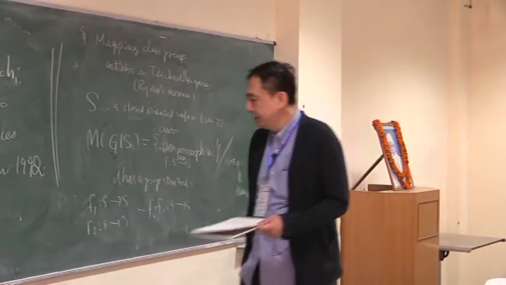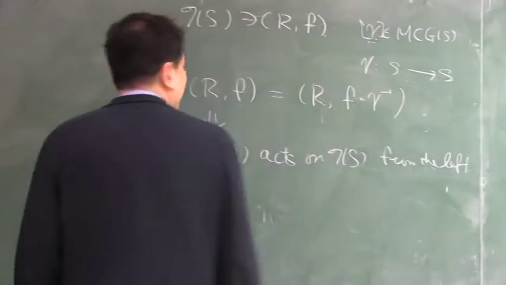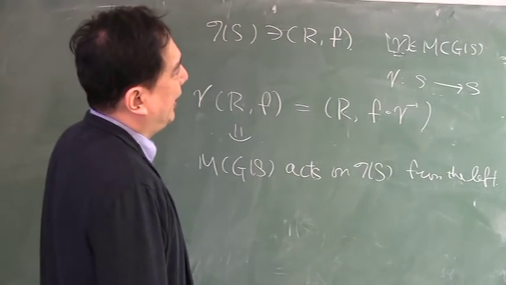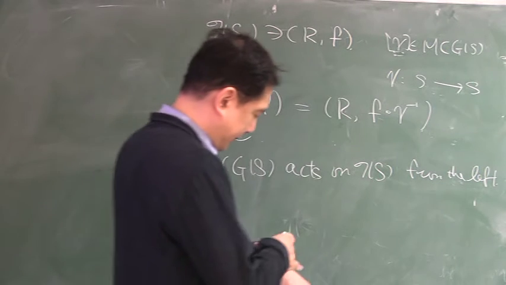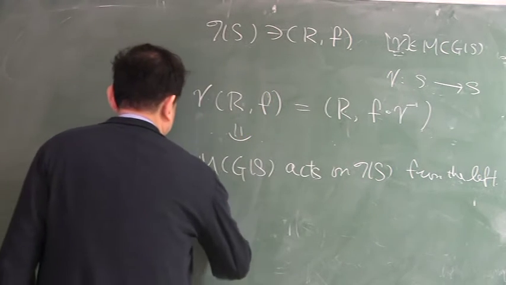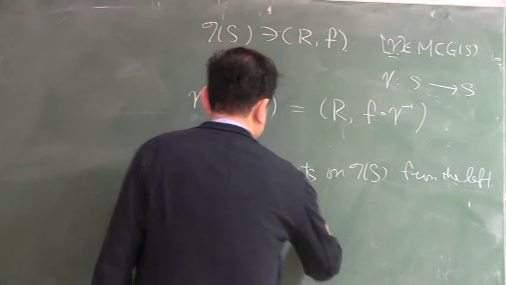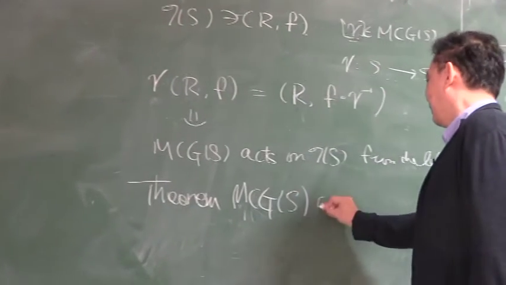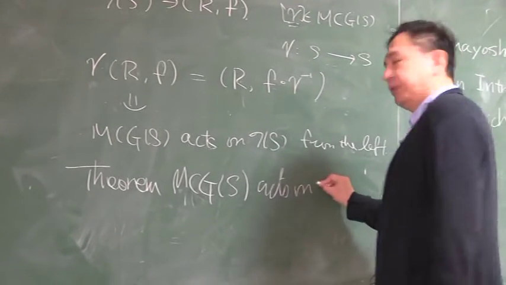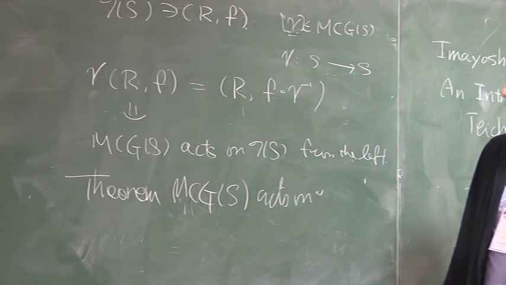And actually, this action is isometric with respect to the Teichmüller metric. So this should be the theorem. Oh, yeah. How can we say that gamma is bijective?